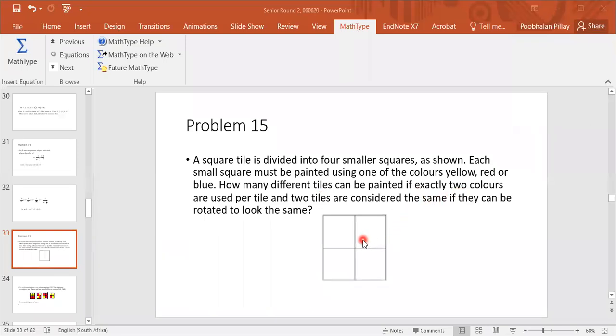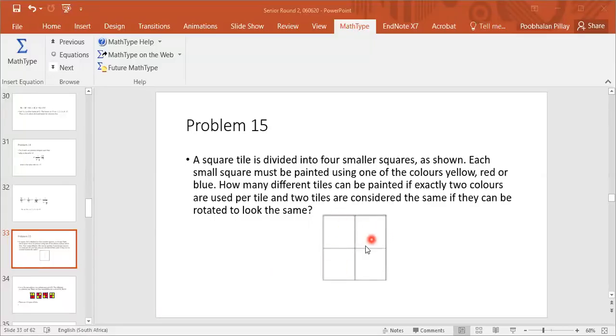So you want to use only 2 colors. And how many ways can you paint this tile? If I've got 2 colors, I can have red and yellow, yellow and red, or whatever it is. And you want to know how many different ways can you paint it.